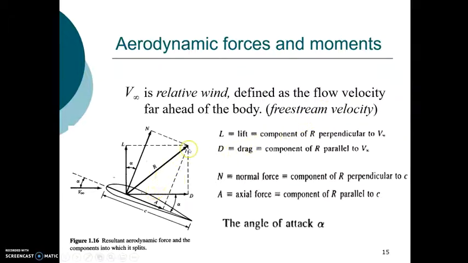So the resultant force can be resolved into components. When it is resolved into a component that is perpendicular to the flow velocity, then we have the lift, and the component of R parallel to the flow direction is the drag.